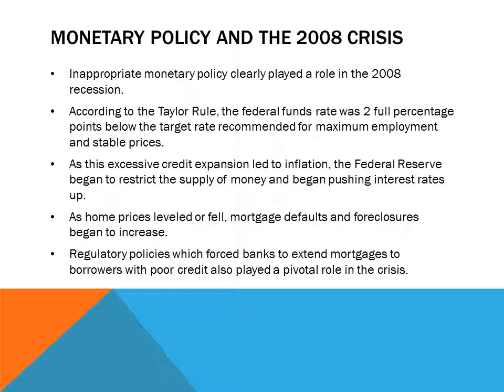As this excessive credit expansion led to inflation, the Federal Reserve began to restrict the supply of money and began pushing interest rates up. This caused home prices to either level off or even to fall in 2006. As a result, mortgage defaults and foreclosures began to increase sharply, and as you remember, a lot of subprime borrowers had adjustable rate mortgages. Interest rates on these mortgages increased and pushed many homeowners into default or foreclosure.